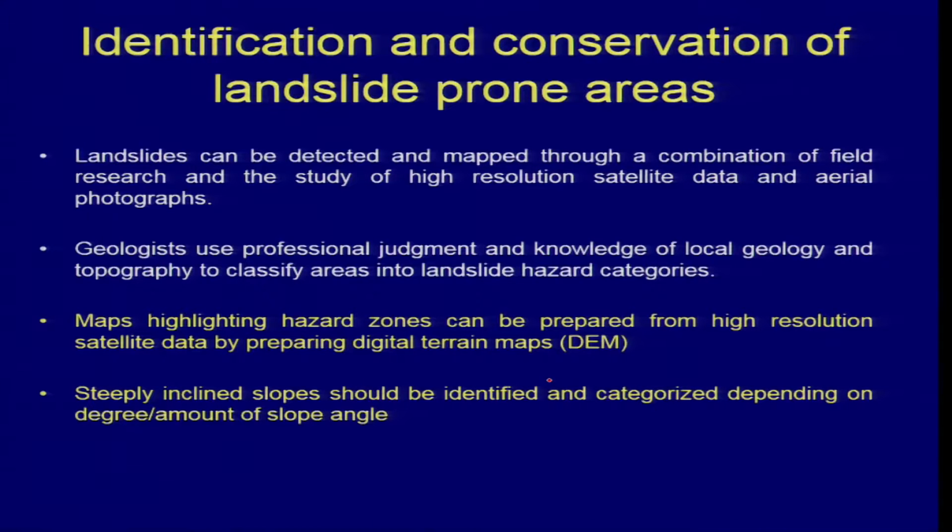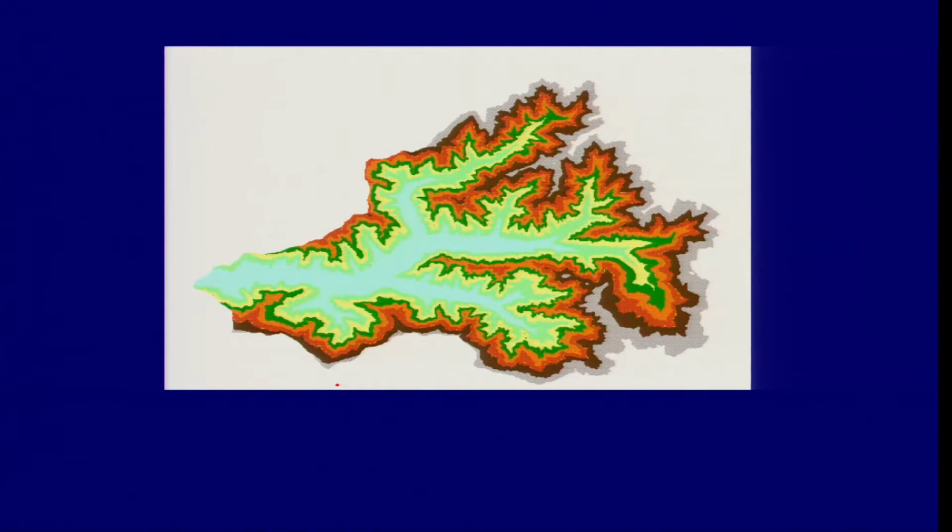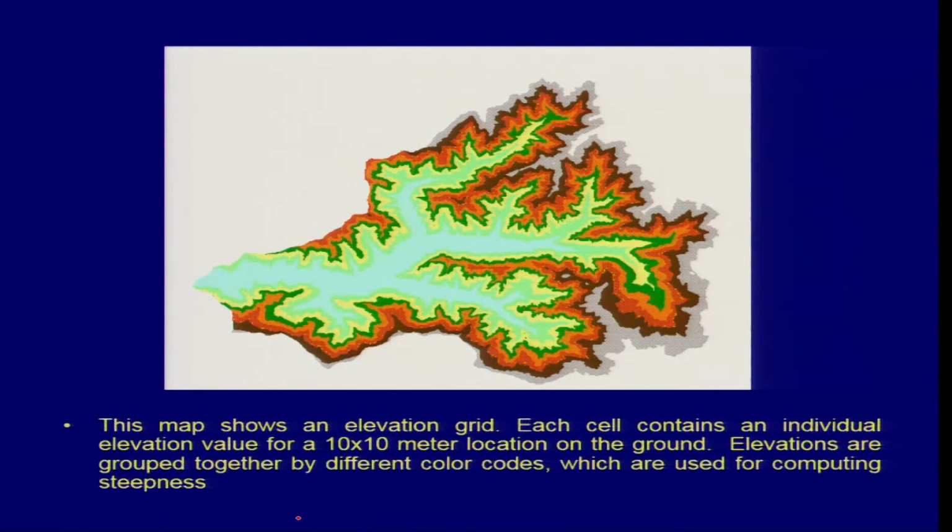So here the most important parts which we can talk about are the local geology and the topography, that is the slope, and then based on that you can categorize your areas into hazard zones. So there is a map prepared based on the digital elevation model, which indicates the high slope areas, and these different colors show the heights of the region.